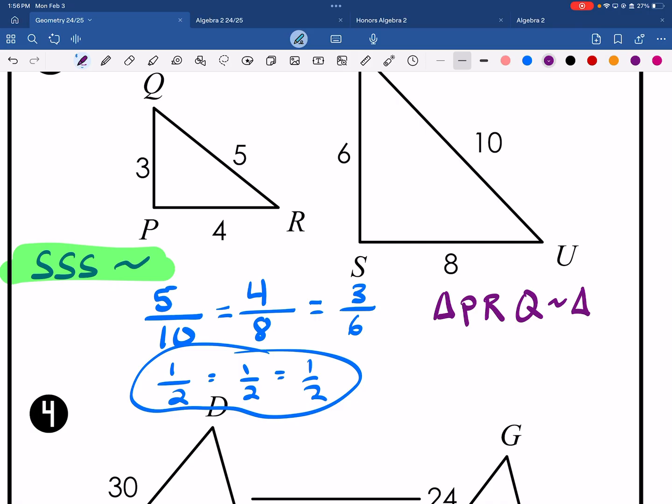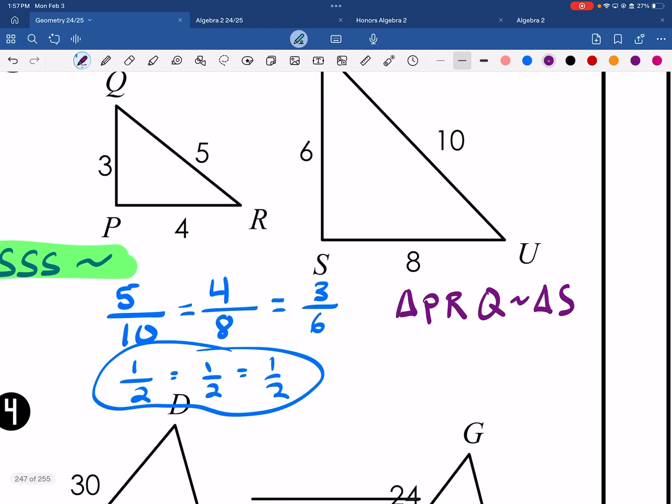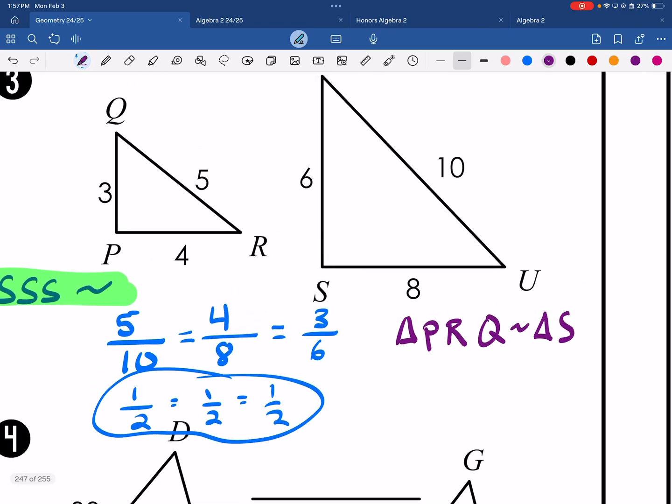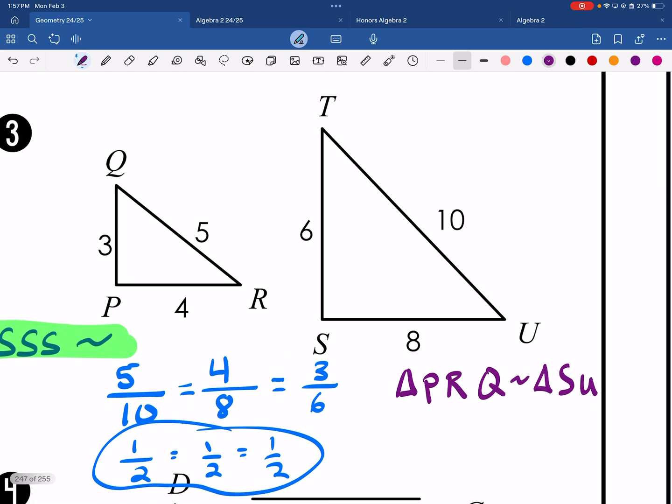So I look for the one that has the smallest side and the middle side going to it. So P corresponds to S. I put R second. It has the longest and the middle. So the longest in the middle is U. And then the only one we have left is T.